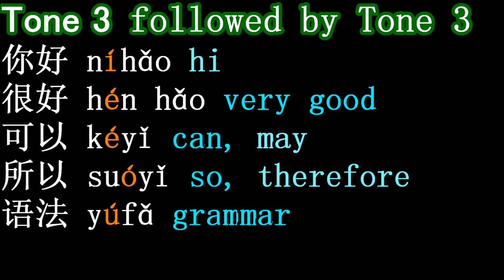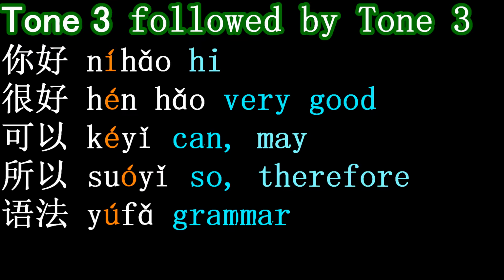The first rule is the easier. When a tone number 3 is followed by another tone number 3, it changes to a tone number 2. Here's the example. 你好, which means hi. I learned that I don't have to say 你好 with two third tones, but I can just say 你好 with a second tone first.